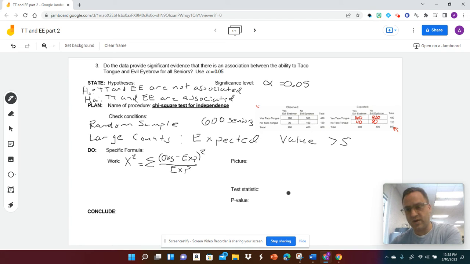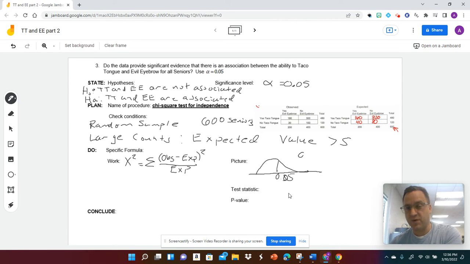And our chi-squared statistic is going to look like this. And we are going to look at a significance level of 0.05, and we want our value to be beyond that.